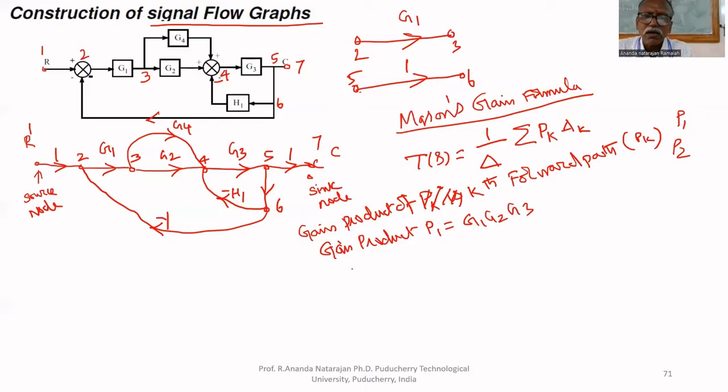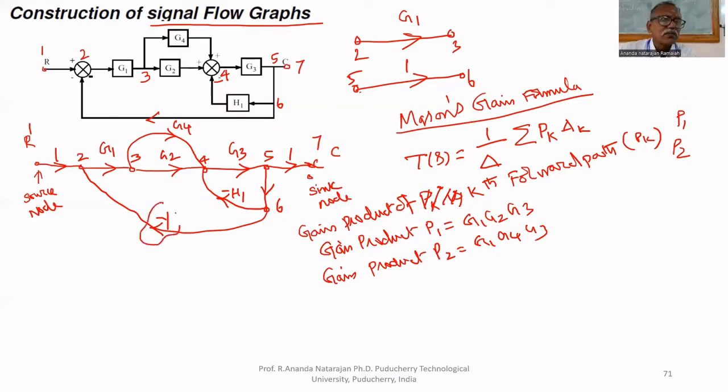The gain product for the second forward path P2 equals G1, G4, G3. That is Pk. How many Ks are there? Only 2 forward paths. One is G1, G2, G3, another is G1, G4, G3. To reach 1 to 7, there is no other forward path.